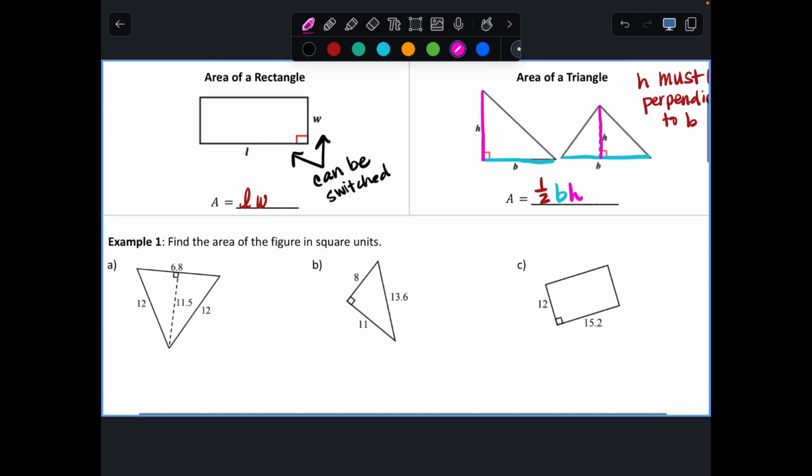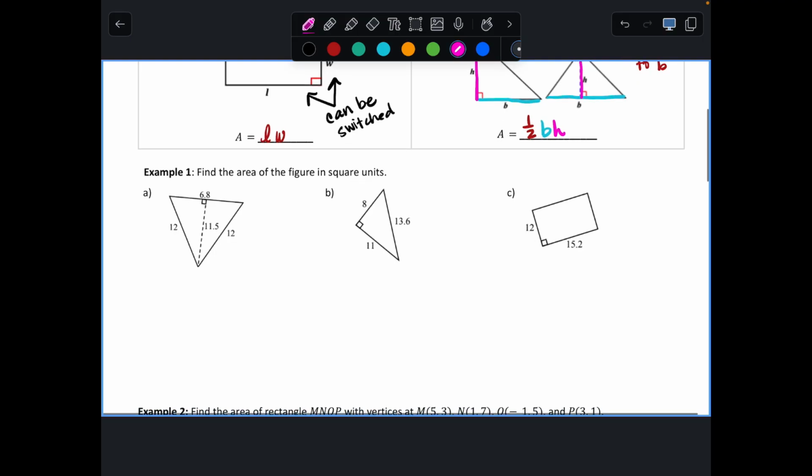So let's go through these 3 examples to find the area without it being on a grid. So for example A, we have 6.8 for the base and 11.5 for the height.